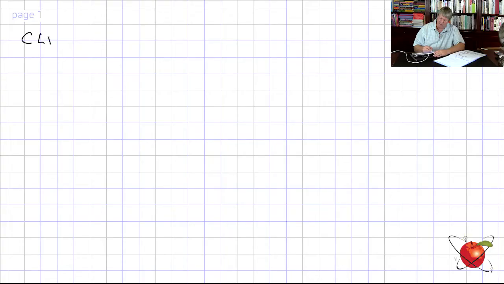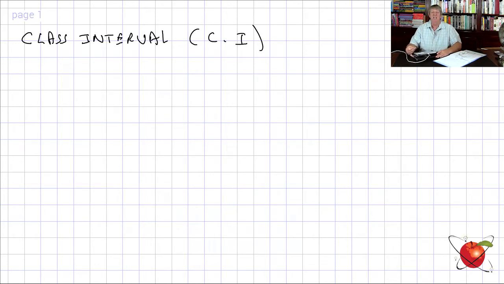Okay. Now, how do we do this with grouped data? First of all, let's just talk about what grouped data is. Okay. This term of a class interval, right? A class interval, or CI as it's abbreviated, is between some things, right?